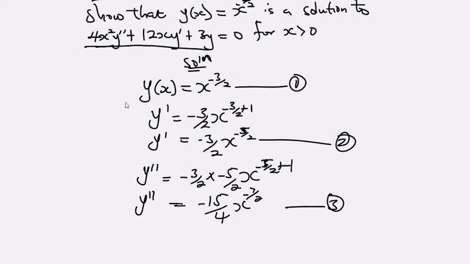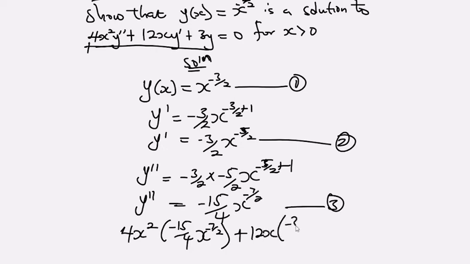So we have 4 followed by x squared, and our y prime prime is negative 15 on 4 x exponent negative 7 on 2, plus 12x y prime, and our y prime has been given as negative 3 on 2 x exponent negative 5 on 2, plus 3 times our y, which equals x exponent negative 3 on 2.